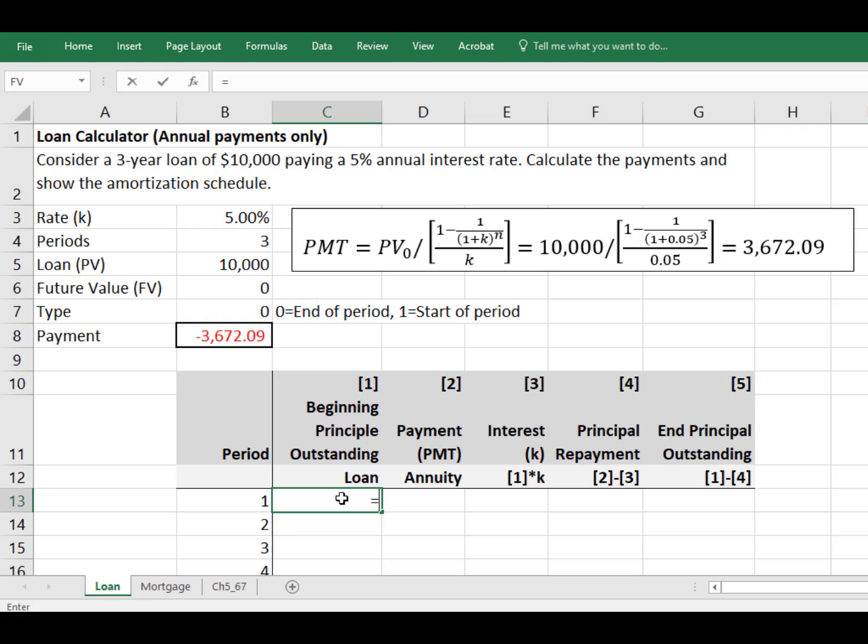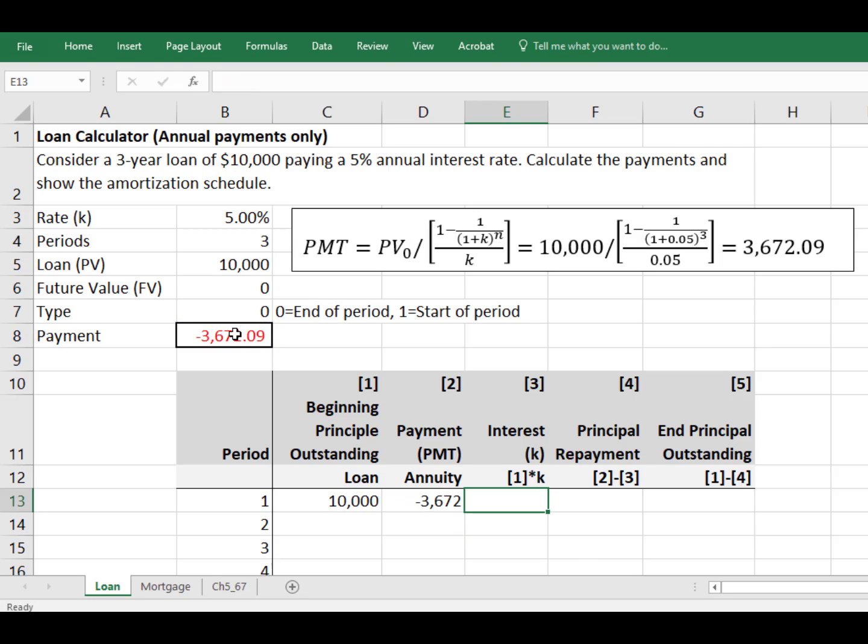So we're going to make the original amount of the loan $10,000. And we know that the payment is always going to be $3,672. So we're going to reference that cell. I'm going to use absolute cell referencing, which is putting dollar signs before the row and the column. If you hit F4, it will add those automatically.